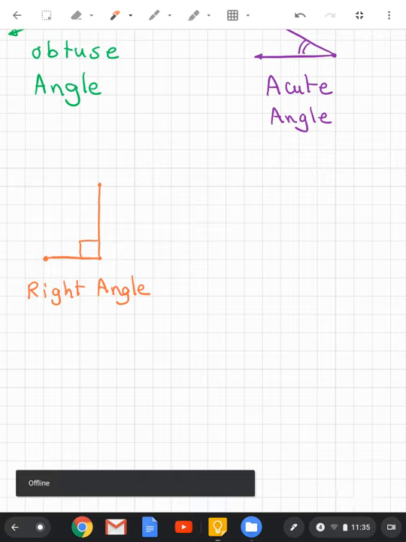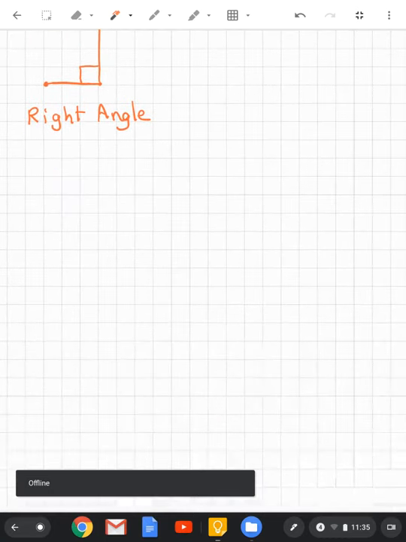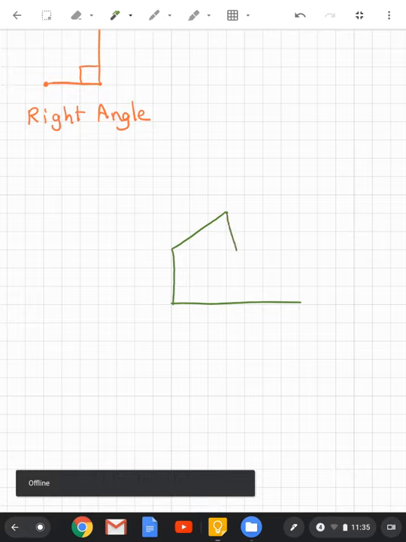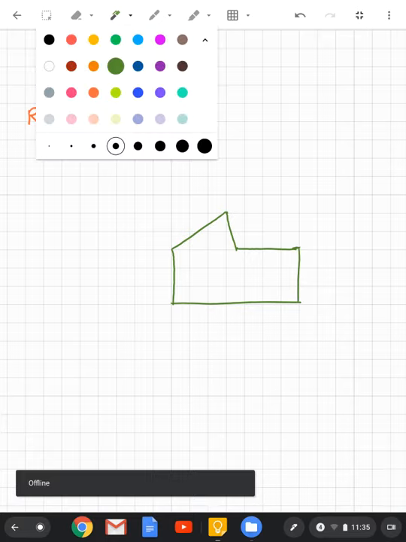If you have a shape, for example like this, how many angles do we have inside the shape?